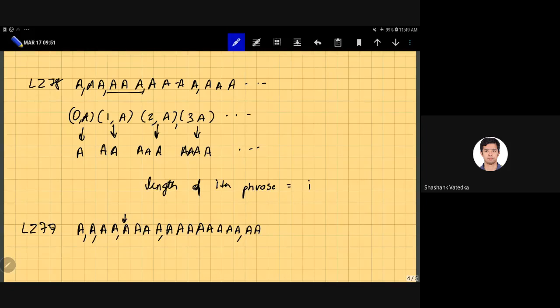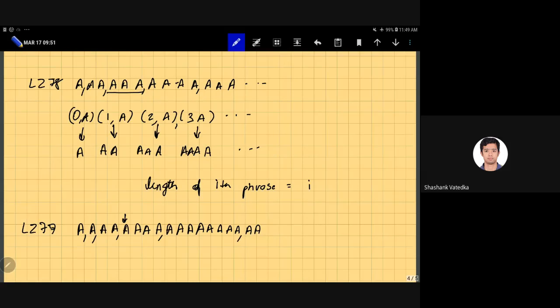But the LZ78 algorithm is much more efficient, because you can construct a data structure like a tree, which lets you very efficiently encode and decode.